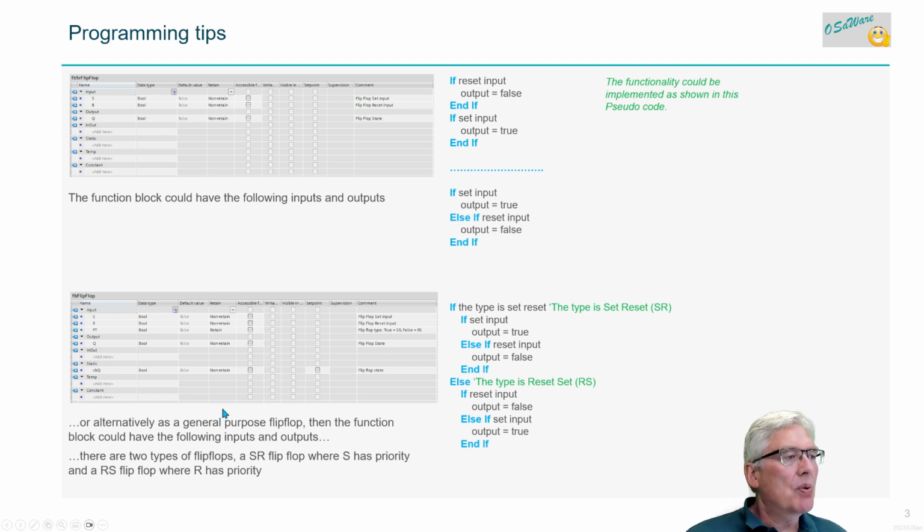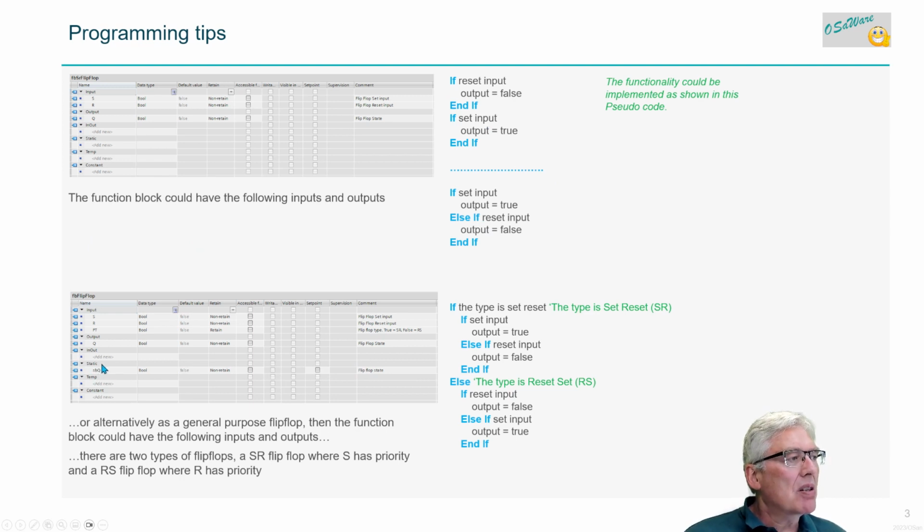And then you can extend that and say, okay, as for our flip-flop, there's a program element that we find in firmware anyways, but we can make a multifunctional flip-flop with a parameter type. So here we could add to it: the type is true for SR and false for RS flip-flop, and Q. And then we should only write to the output once, at the end of our program.